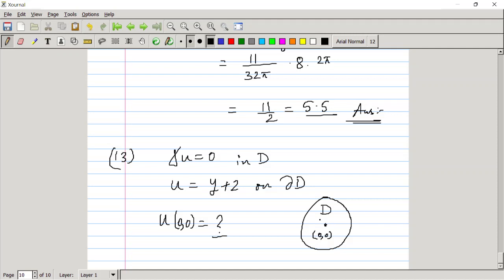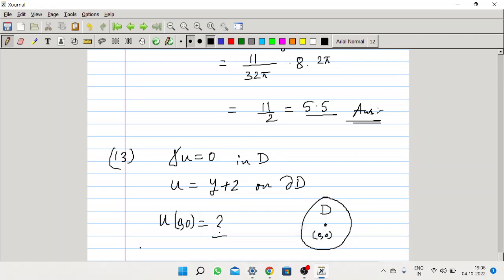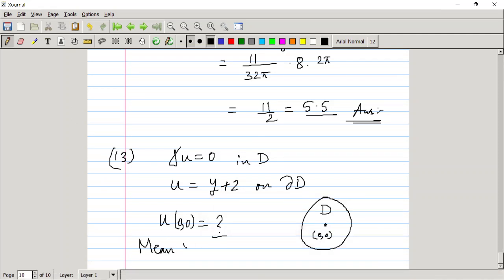So you know the mean value property, Ruby. Mean value property. You know this thing?